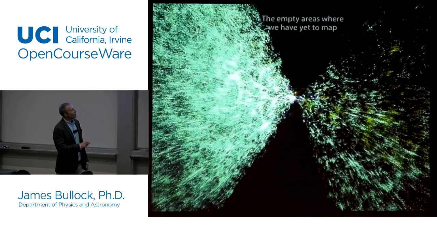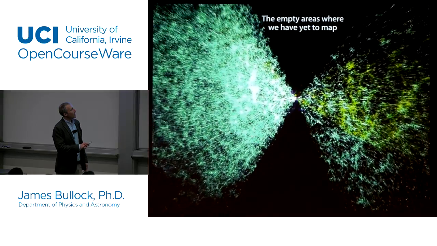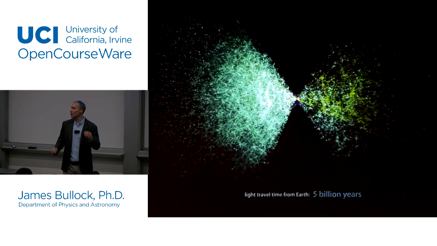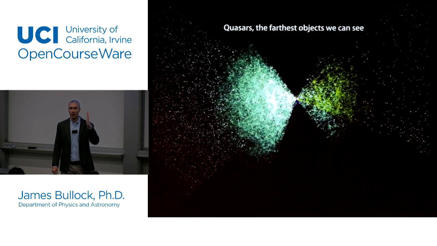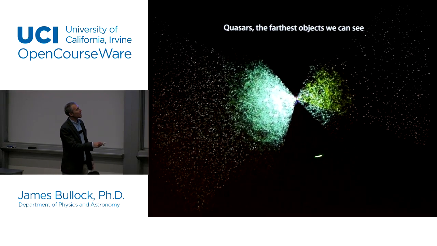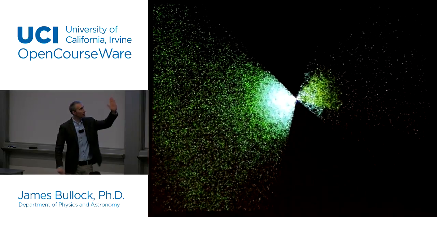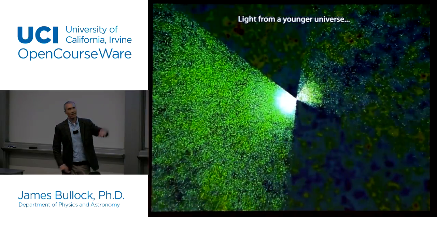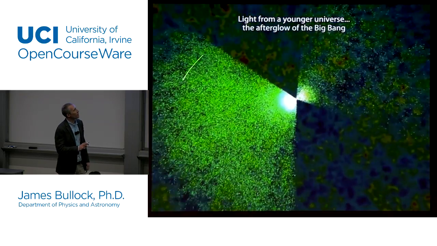Now, what you see, and I'll explain this later, is that these are all the galaxies we've mapped. It doesn't mean there aren't more. These are ones we've actually mapped. We know where they are. And this big slice right here that we haven't mapped is basically the plane of our galaxy, so we can't look there. But all of this stuff is stuff that we've mapped.